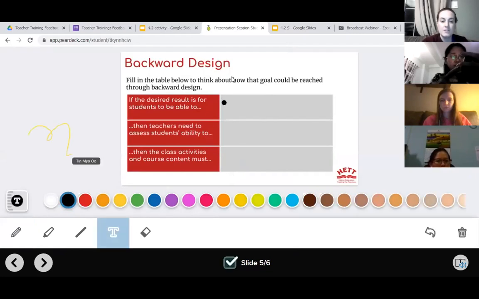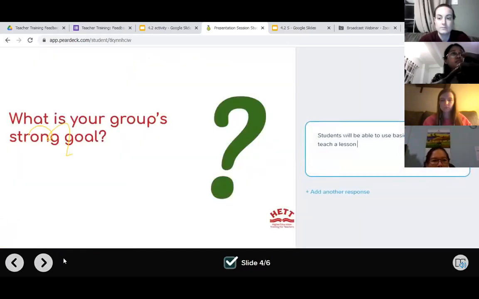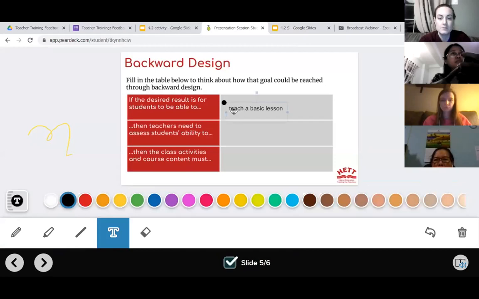If the desired result is for students to be able to teach a basic lesson, we'll be able to use basic teaching methods to teach a lesson.